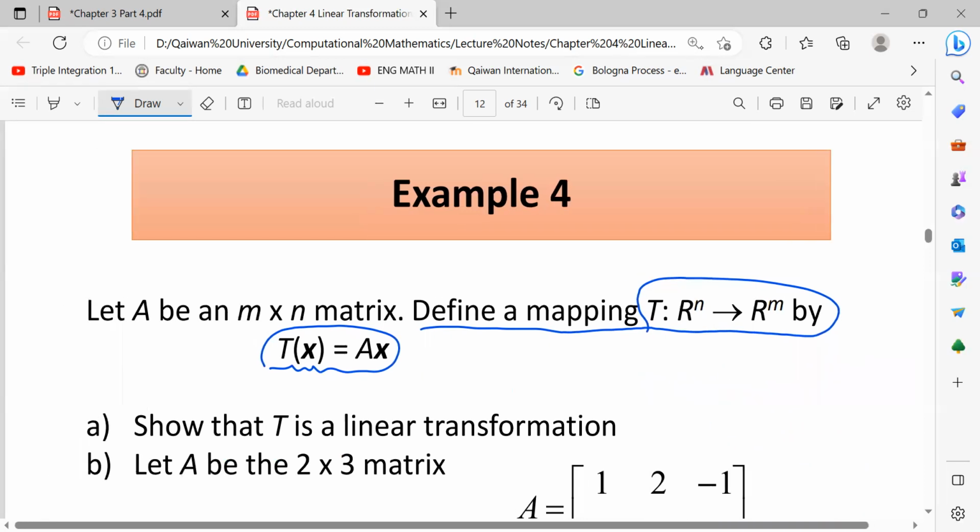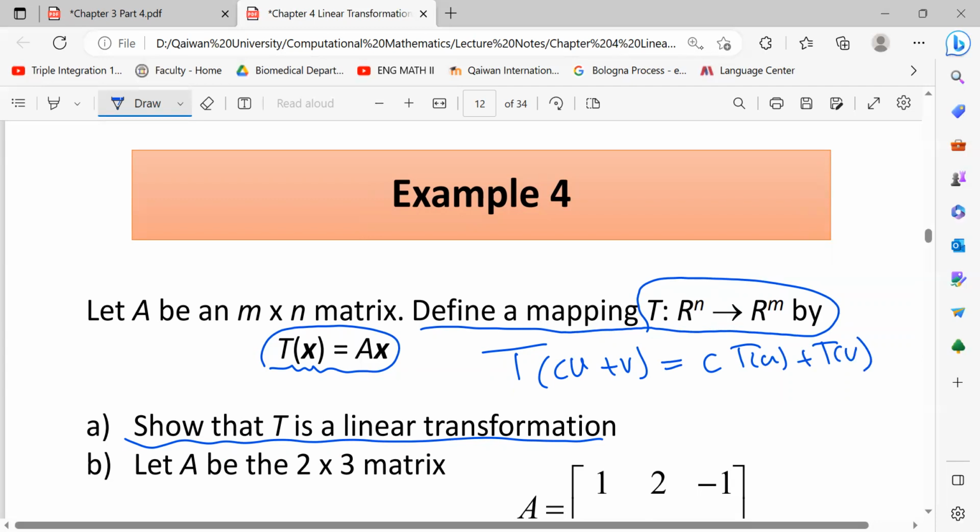It says, show that T is a linear transformation. What should we show? We need to show that T of C times U plus V must equal C times T of U plus T of V. What's this? This equals A times CU plus V. How about the right-hand side?